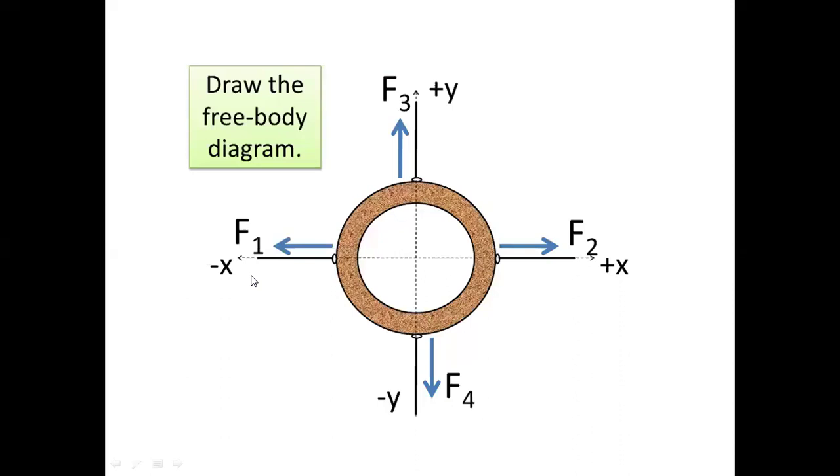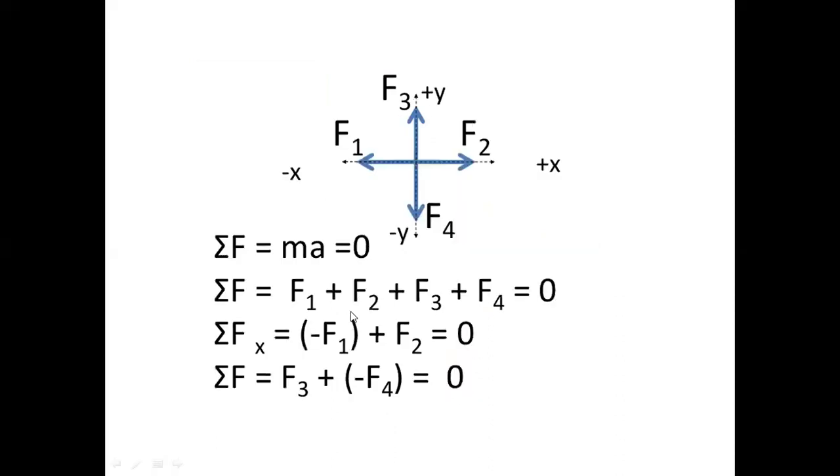If the magnitude of F3 is equal to F4 and F2 is equal to F1, the resultant force acting on the body will be 0 and it will not accelerate. So F equal to ma will be 0. So the resultant of F1 plus F2 will be 0 here: minus F1, because F1 is along the negative x-axis, plus F2 is 0.